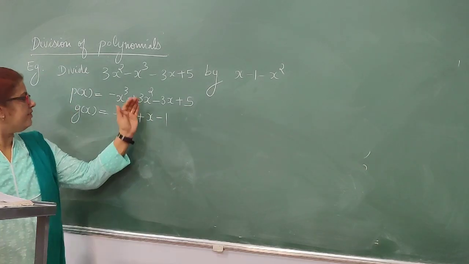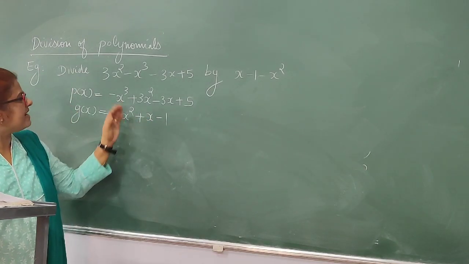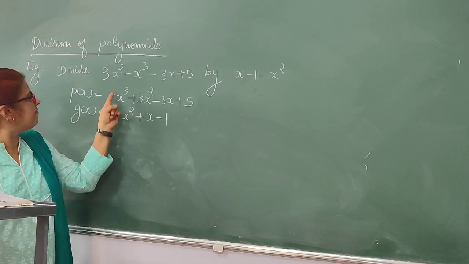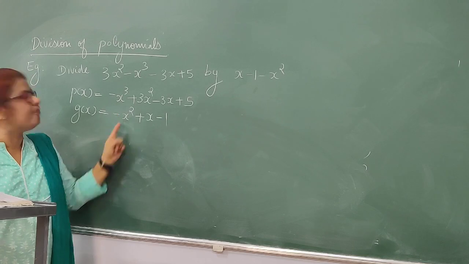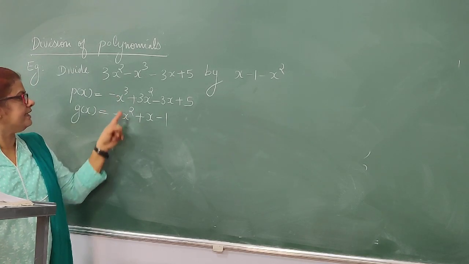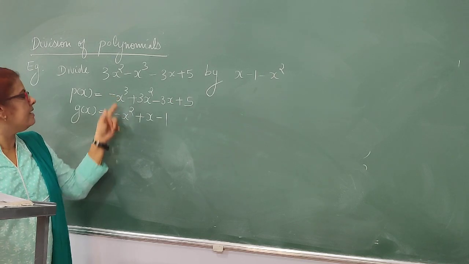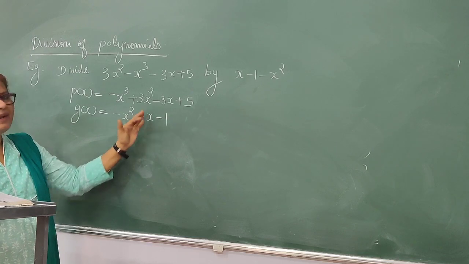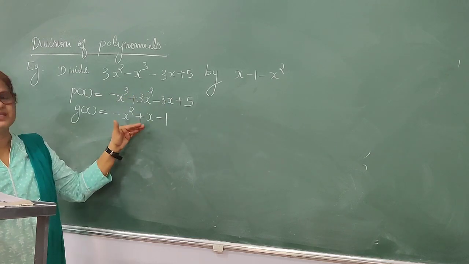And also, in standard form, not only the descending order of degrees, but the first term should be positive. That also we have to consider. Here both the first terms are negative. So we can make them positive by multiplying both by minus 1.